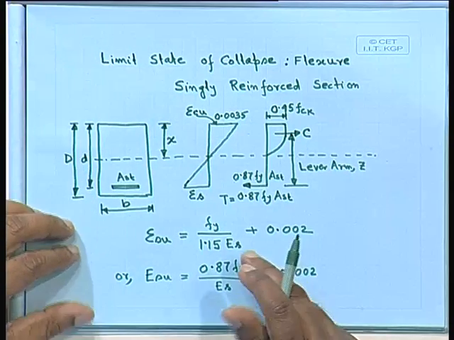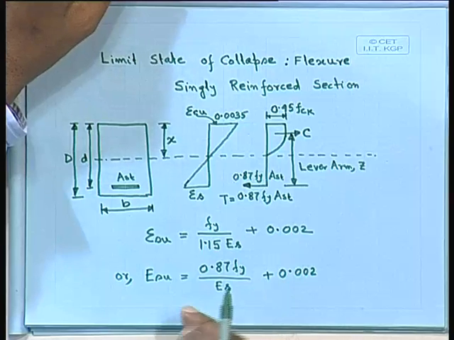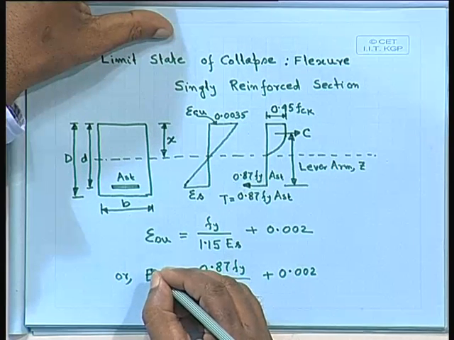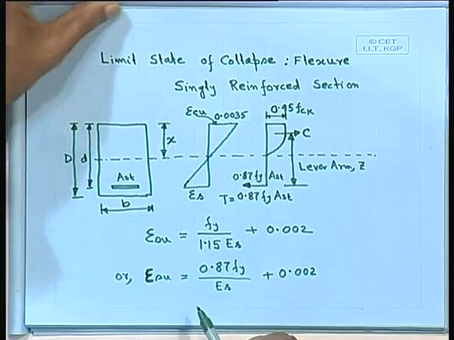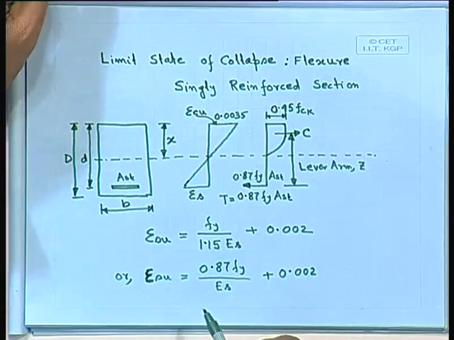So this is our corresponding strain. This one will be epsilon SU, the ultimate strain in steel.